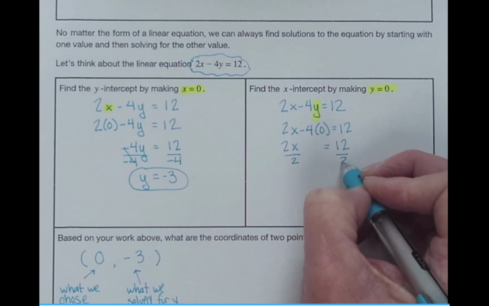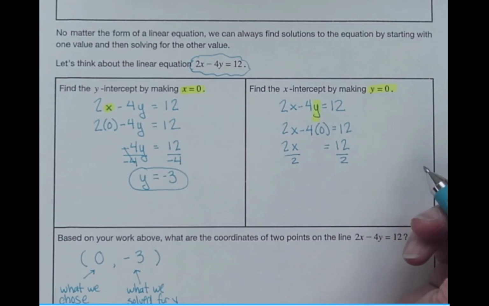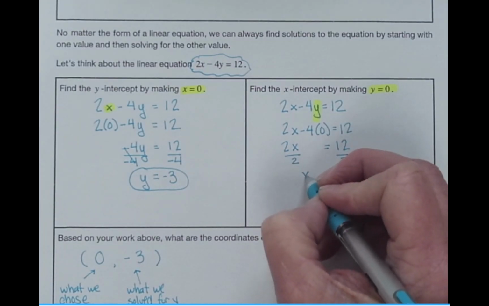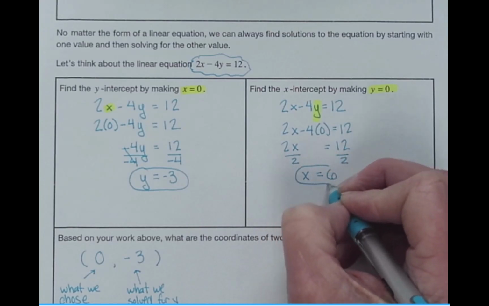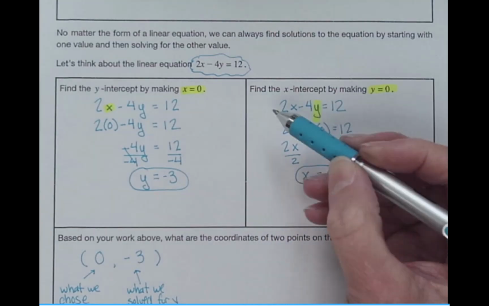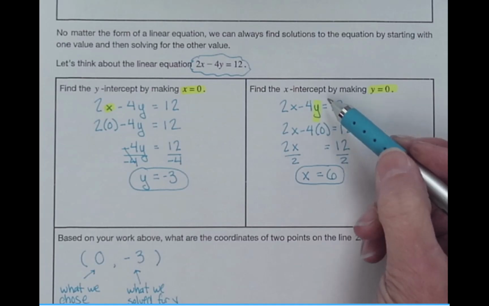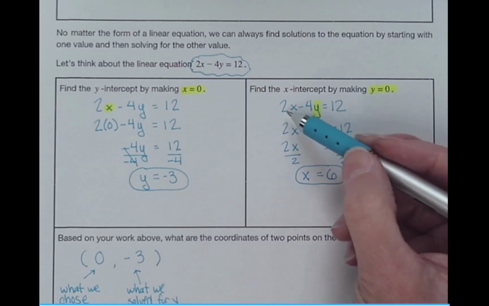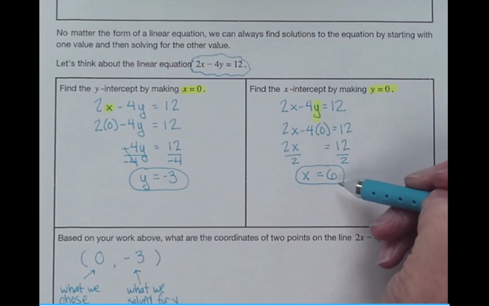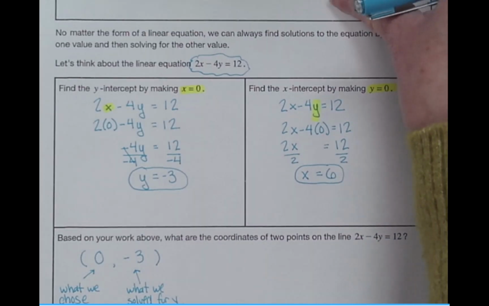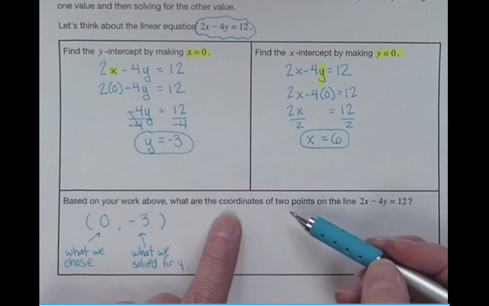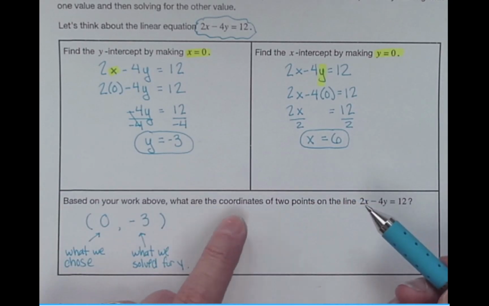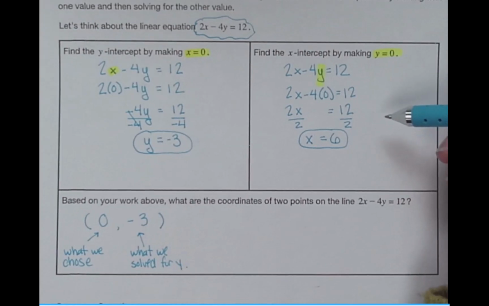To solve this equation, I can just divide both sides by 2. 12 divided by 2 is 6. So they asked me to find the x-intercept of this line, and this line's going to cross the x-axis at 6. Again, let me come down to the next section that says, based on your work above, what are the coordinates of this point that I just found?